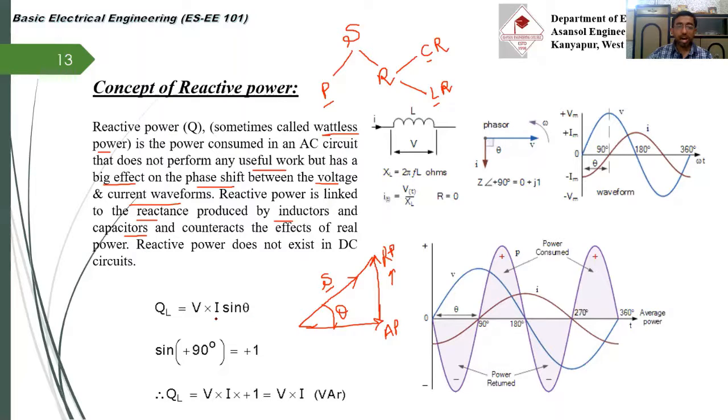So V into I into sine theta, because S is equal to V into I. So V into I sine theta. When there is only an inductor, the phase difference between voltage and current is 90 degrees for a pure inductor.